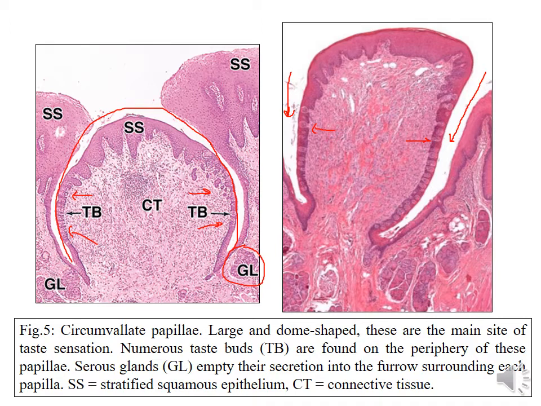So these are all glands, and the secretions are produced in this furrow. Of course, these wash out the molecules so that the taste bud can perform its function again and again. This is, of course, the epithelium, and this is the connective tissue.